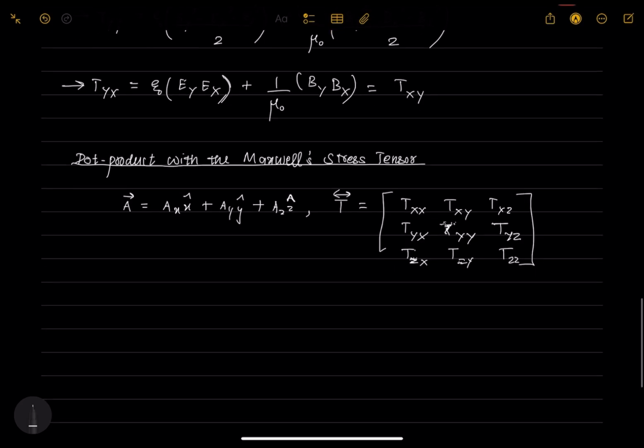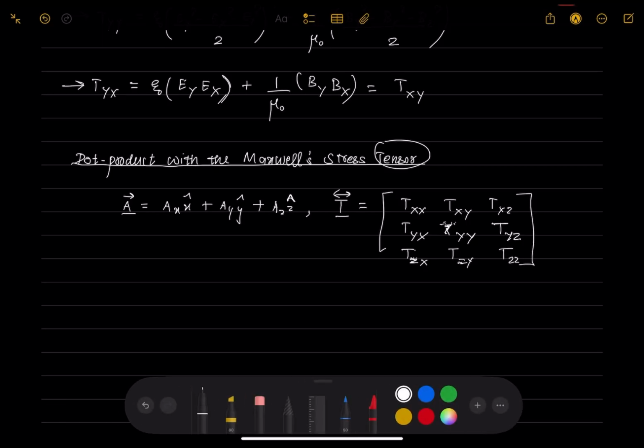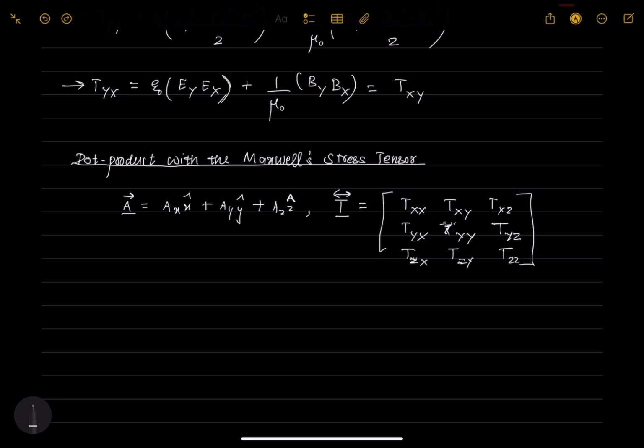So what exactly does it mean to take a dot product with a tensor quantity, specifically the Maxwell stress tensor?